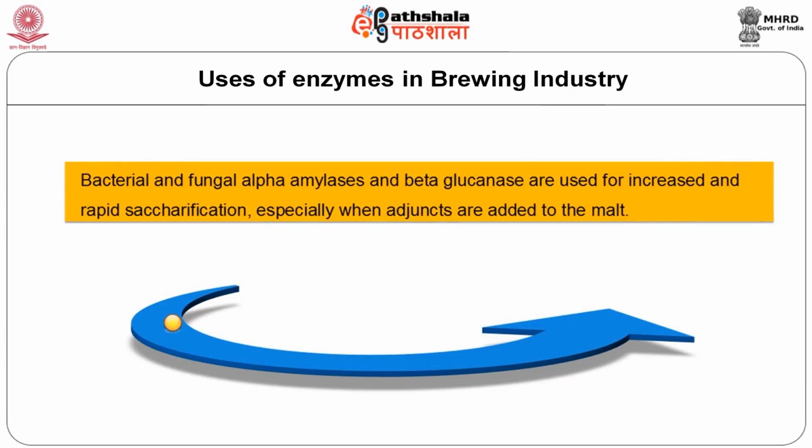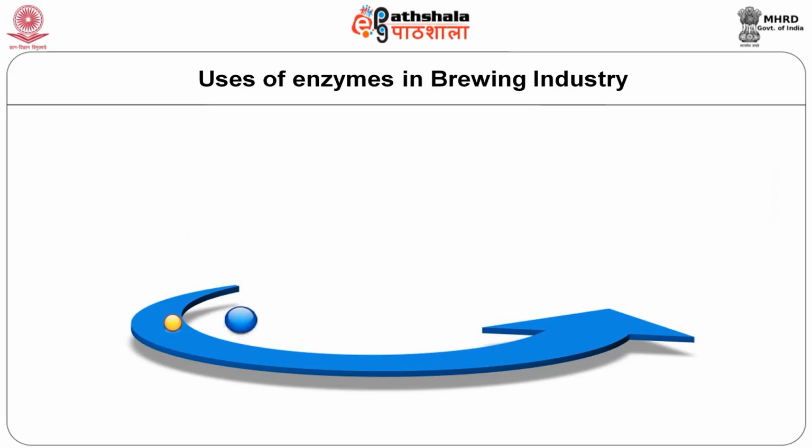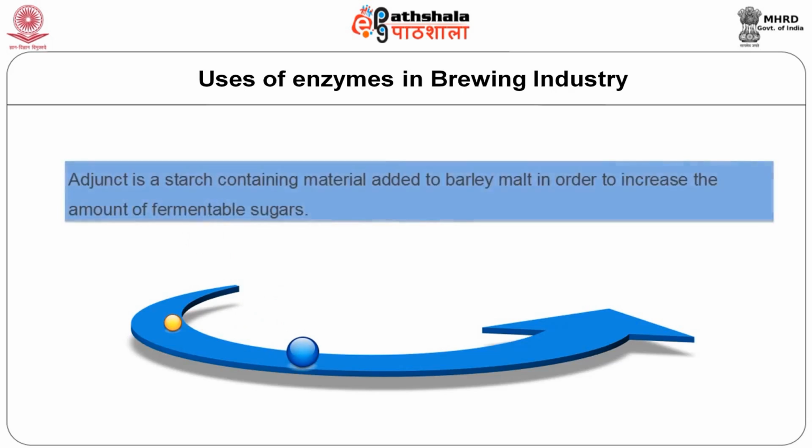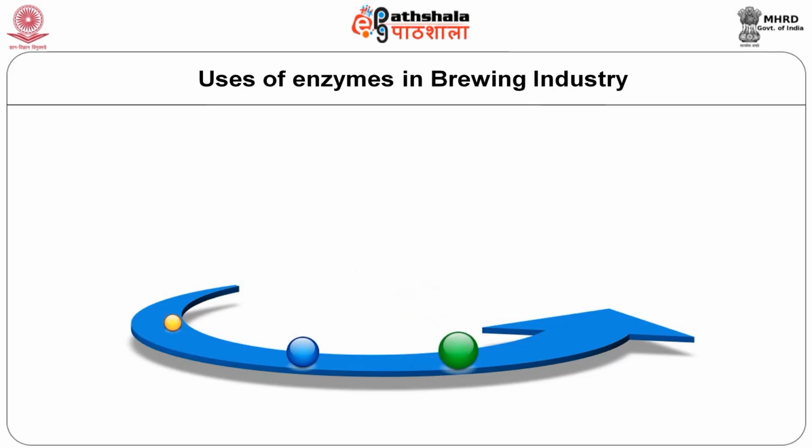Bacterial and fungal alpha-amylases and beta-glucanases are used for increased and rapid saccharification, especially when adjuncts are added to the malt. Adjunct is a starch containing material added to barley malt in order to increase the amount of fermentable sugars.